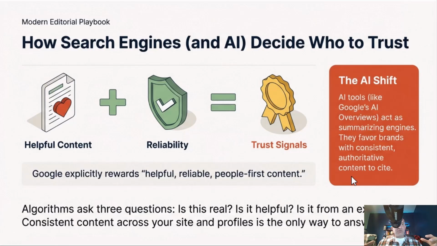So the information that you provide to your customers needs to do a few things. When an AI tool is providing a citation or an answer, they're basically asking three questions. They're saying, is this real, the information that they can provide? Is it helpful? And if I want to use this answer and cite this person or this website or this business, is it from someone who clearly knows what they're talking about?